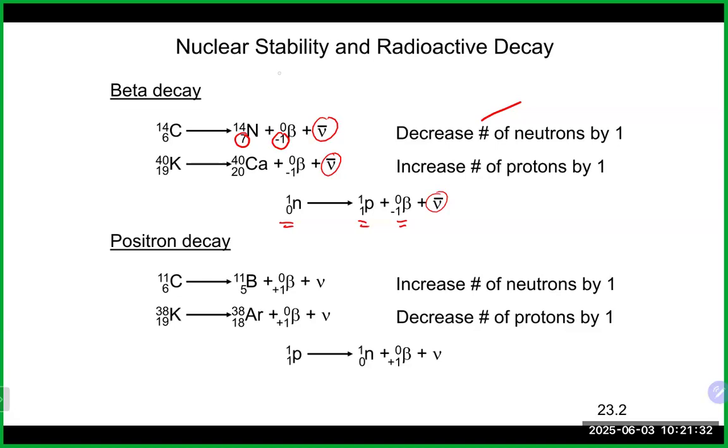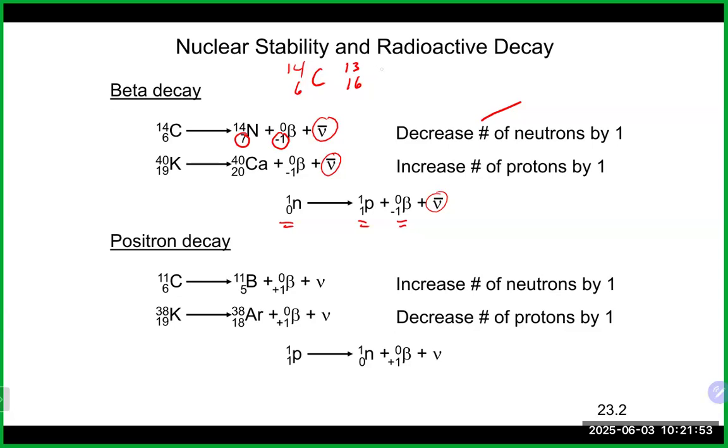So what I mean by that, if we did this step by step and see what happens: we take a neutron and we're going to lose a neutron, which means our mass number here is going to change from 17 to 16 in this case.